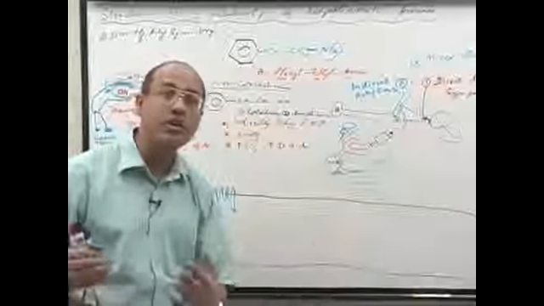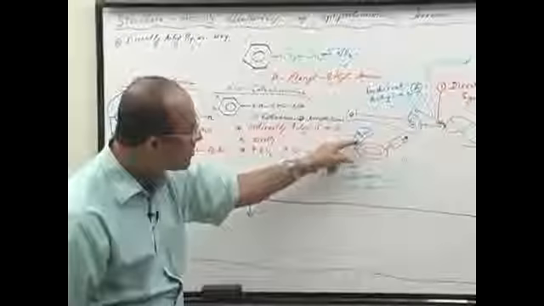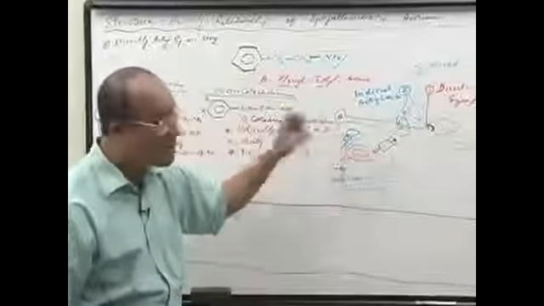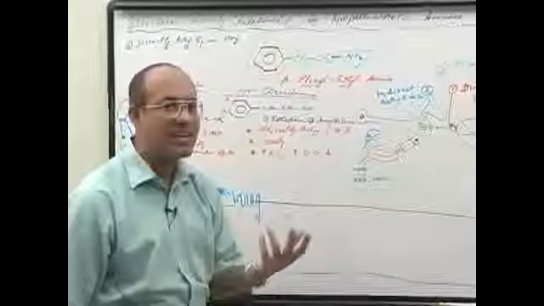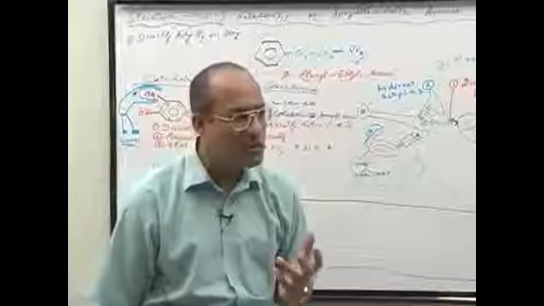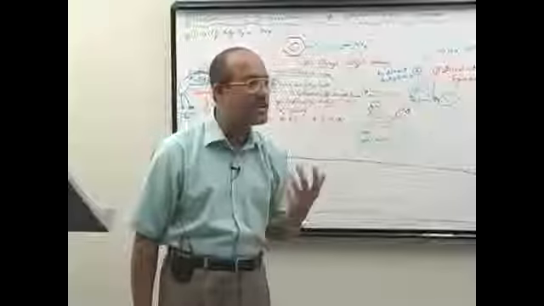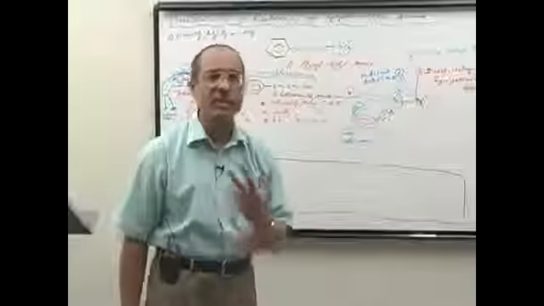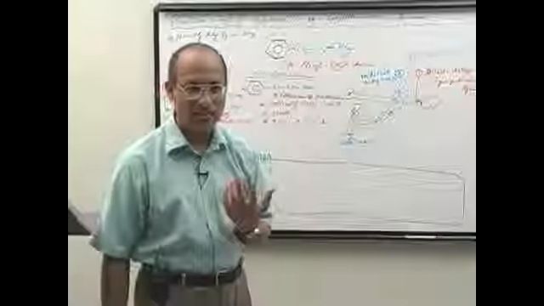Plus, as they are more lipid soluble and less polar, they can cross the blood-brain barrier, so they can go to the central nervous system and produce effects and side effects there. That is why amphetamines and ephedrines, which are non-catecholamines, have very important actions and side effects in the central nervous system. Is that clear? Let's have a break.